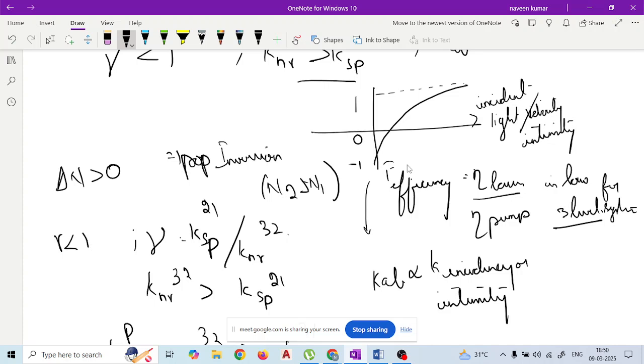So in other words, we would see that KSP, the stimulated emission rate, would need to be either equal to or greater than 1.